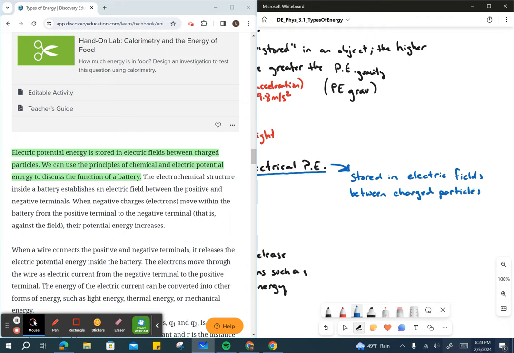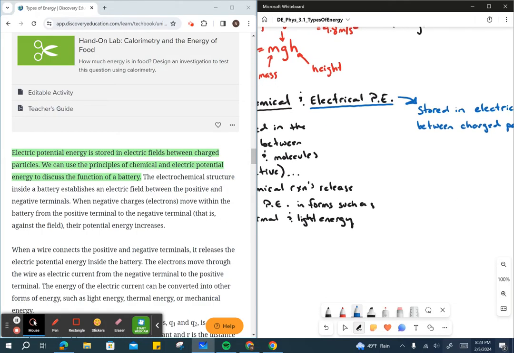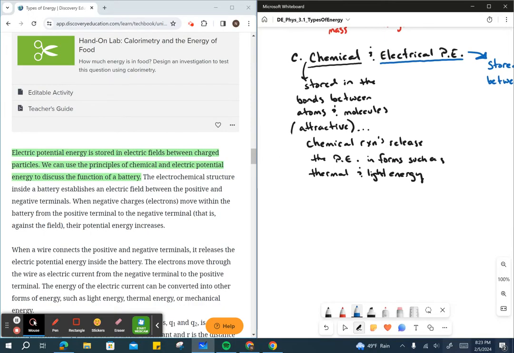Okay, we can use the principle of chemical and electric potential energy to discuss the function of a battery. So let's put this over here. We'll put down number 1.